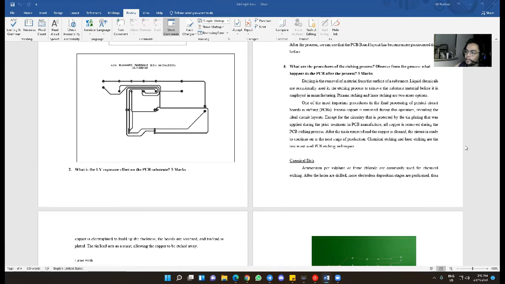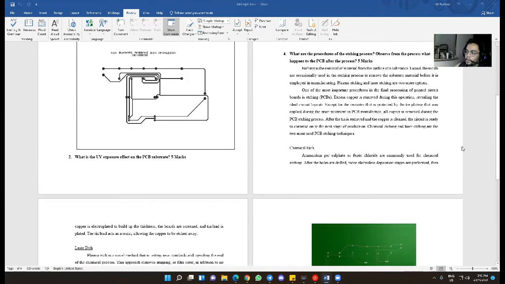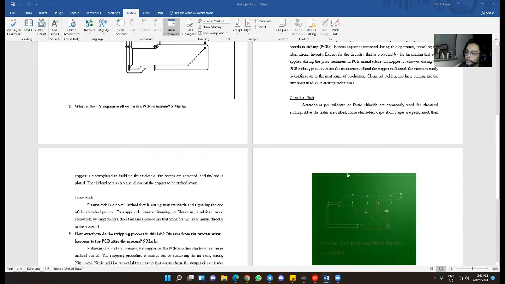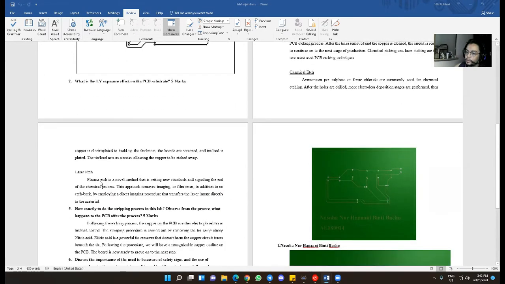We have two etching methods: chemical etching and laser etching. Chemical etching uses ammonium persulfate or ferric chloride, and for the laser one, plasma etching is a novel method.